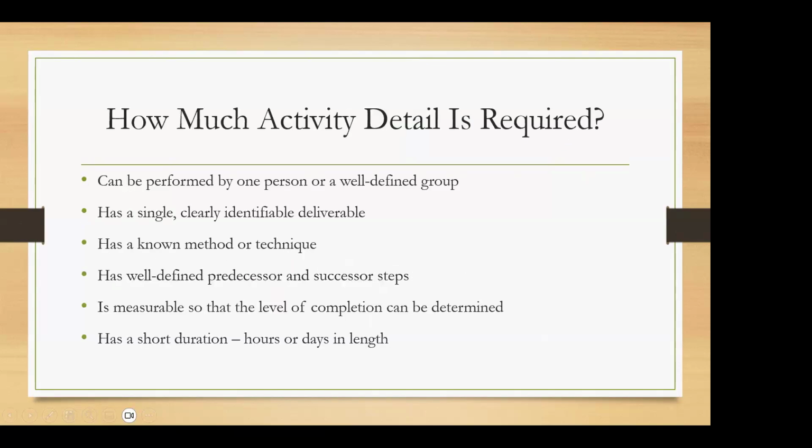So how much activity or detail is required in this WBS? It has to be your work packages, that's the smallest one. It needs to be performed by one person or a well-defined group, right? It has to have a single and clearly identified deliverable, right? And has a known method or technique that you're going to use. And it has to have a well-defined predecessor and successor, which means you need to know what activity has to be completed before it and what activity can be started after it, right?